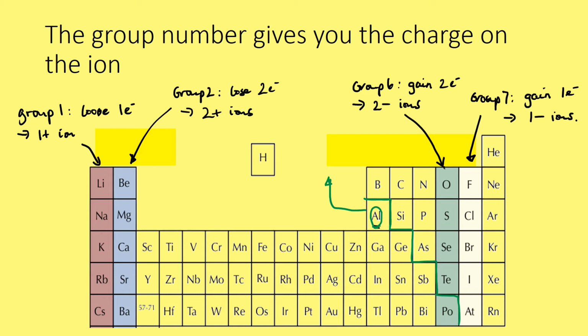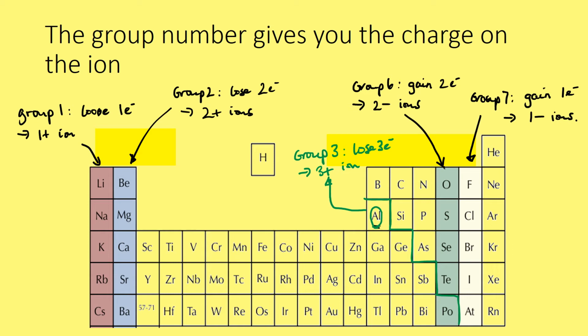And so in just the same way as the other elements, group 3 means it's got 3 outer electrons, and it's going to lose those 3 electrons, and make a 3 plus ion. So aluminium, when it makes an ion, is an aluminium 3 plus ion.